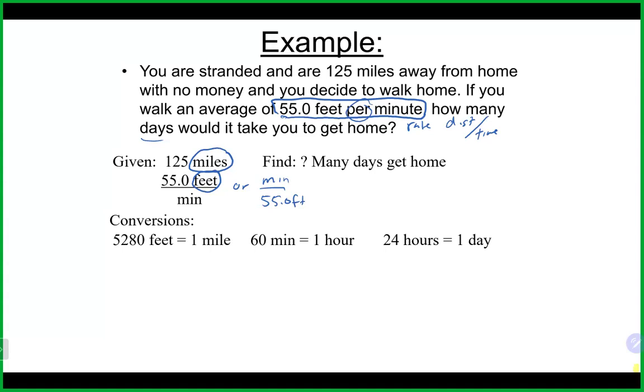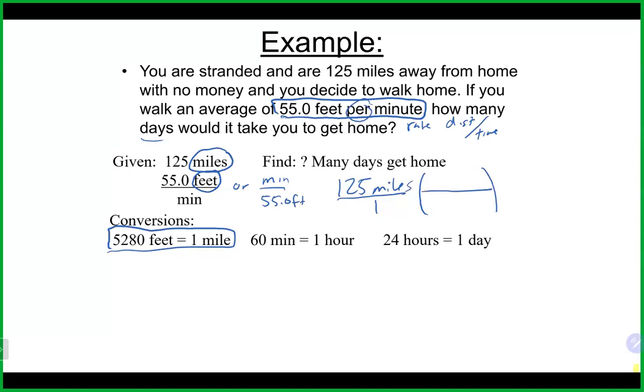I'm going to convert from miles to feet. So first I take my 125 miles and find my equality, which gives me my conversion factor. Just like before, I'm not going to overcomplicate it. I'll do dimensional analysis and keep it like a fraction.